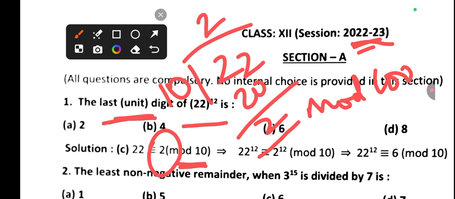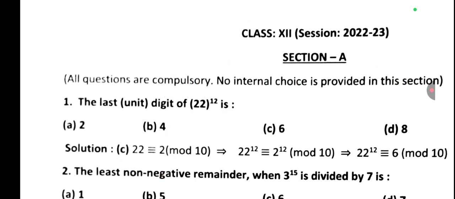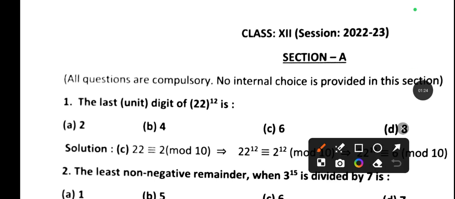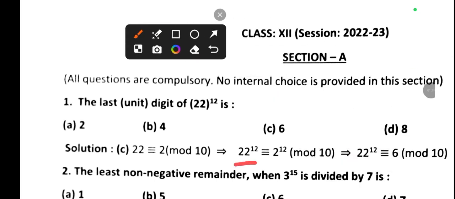Now, we want to find 22 power 12. In the question, they have given us 22 power 12. So how to do 22 power 12? They have just raised to the power 12 directly. It's our wish how we are doing it. Otherwise, we can do cube, power 4 like that.